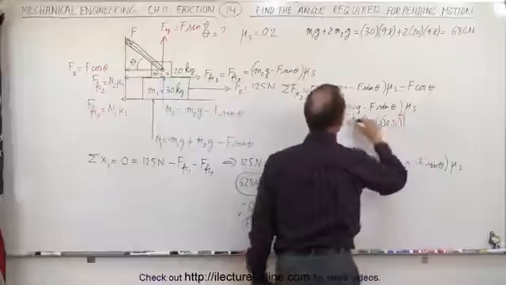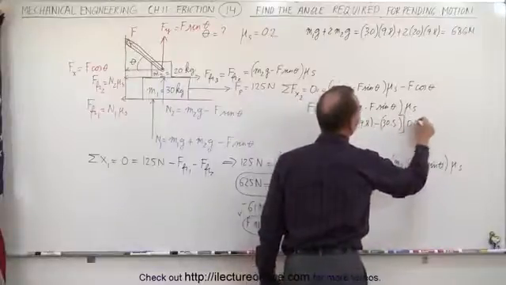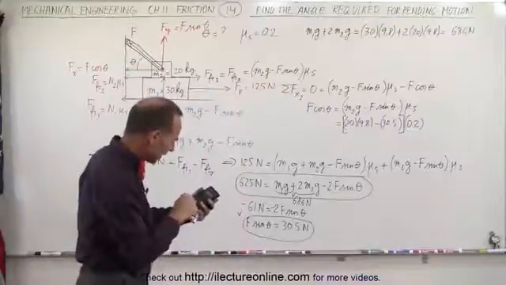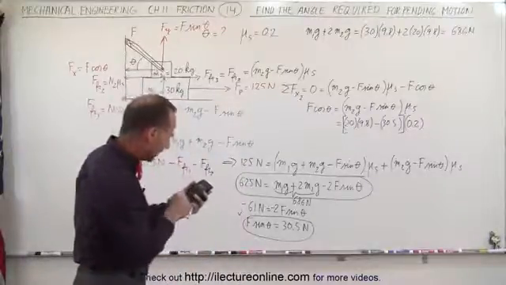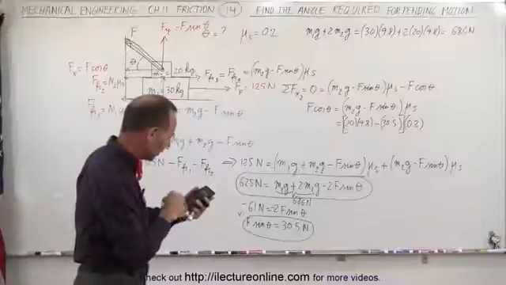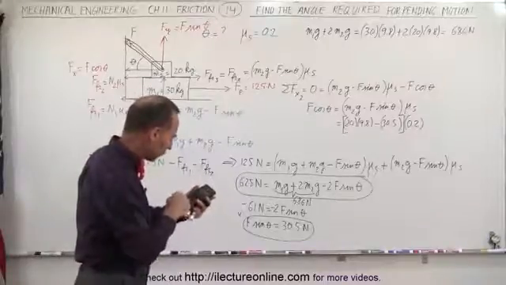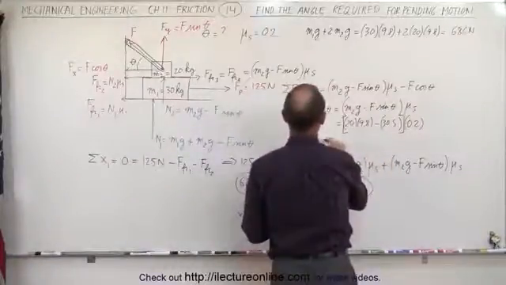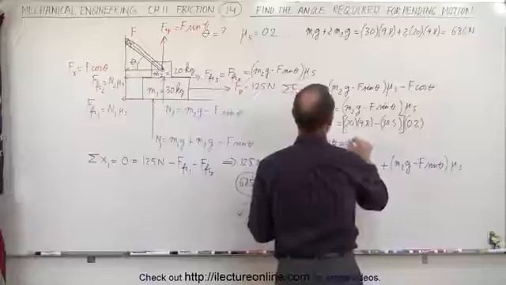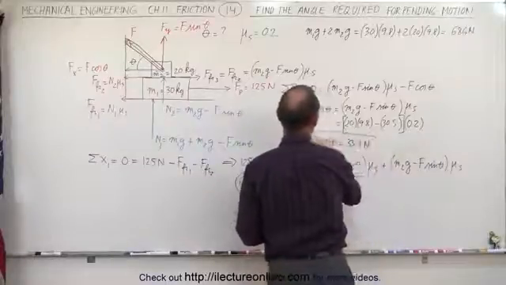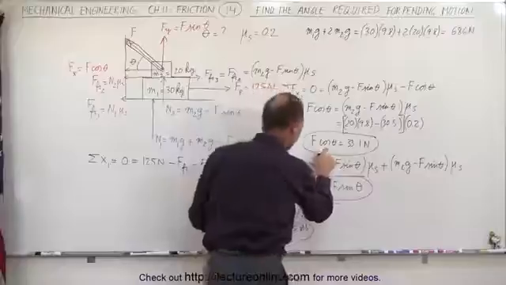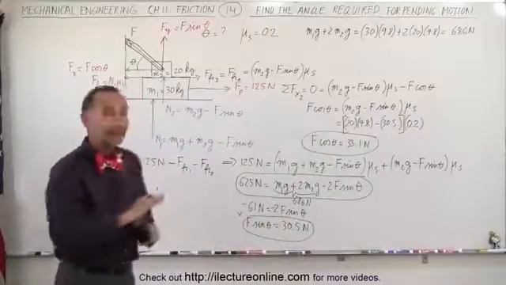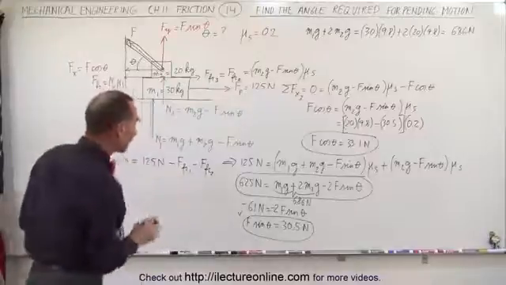And of course, the whole thing multiplied times 0.2, which is the coefficient of static friction. So 20 times 9.8, subtract from that 30.5, and multiply that times 0.2. That gives me 33.1. So f cosine theta equals 33.1 newtons. So I have the f cosine theta, I have f sine theta, and so when I divide one by the other, I can eliminate f and solve for the angle theta.